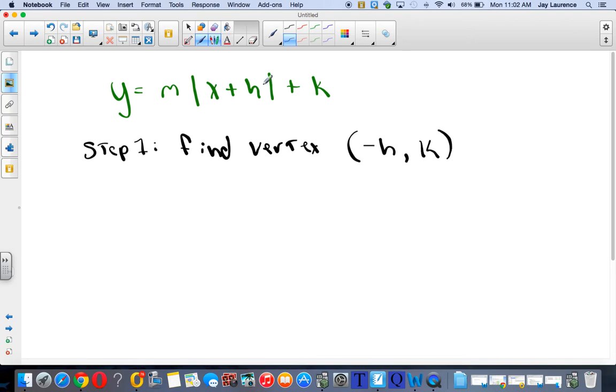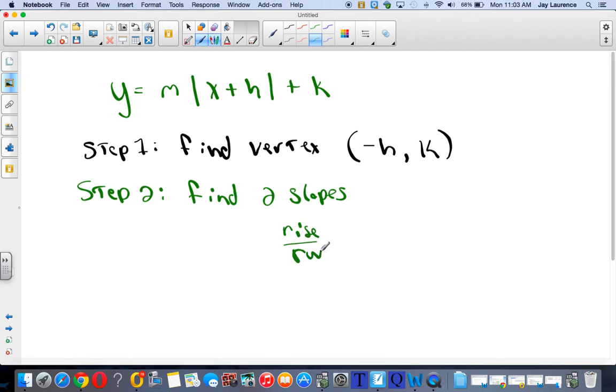So you change the sign here, and you keep the sign there. Okay, then step 2, find 2 slopes. The first slope is rise over run. The second slope is rise over negative run, and now you have it.